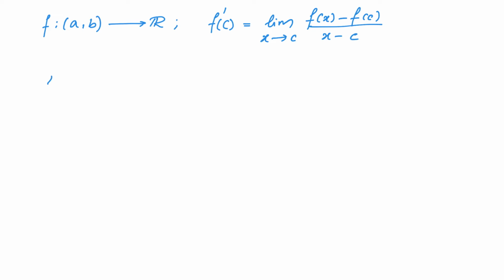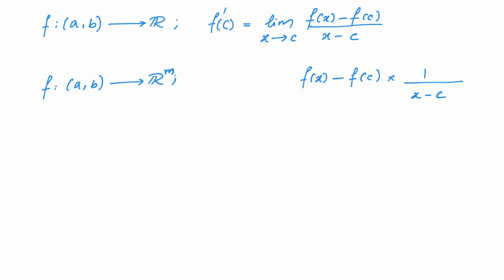Now let us see what we could have said if the function was instead from the interval a, b to Rm. Once again, notice that we can subtract two vectors f of x and f of c. Further, we can also multiply it with the scalar 1 by x minus c.